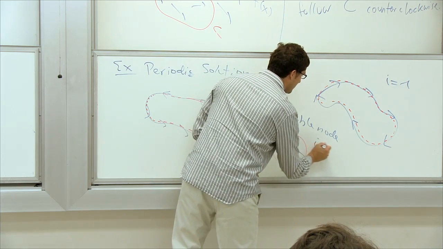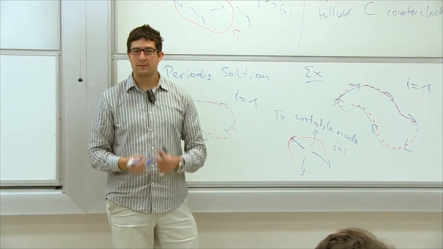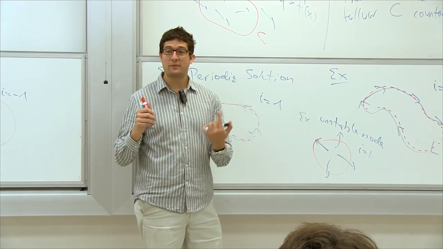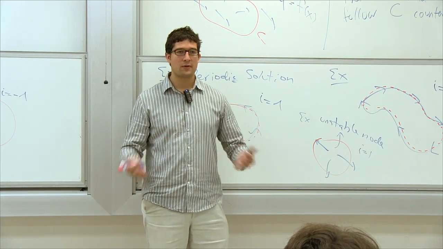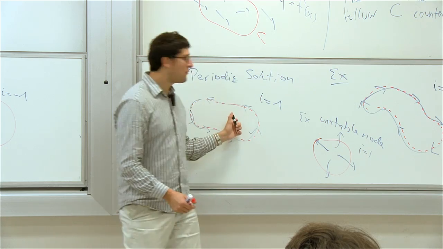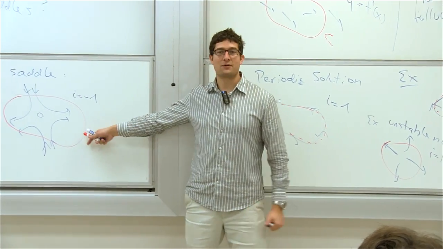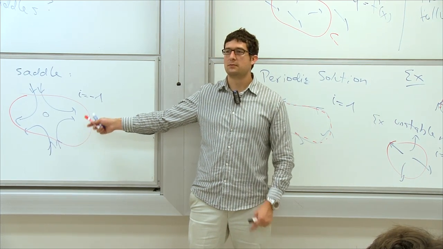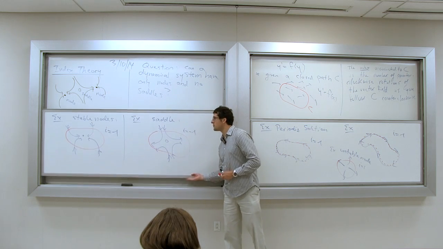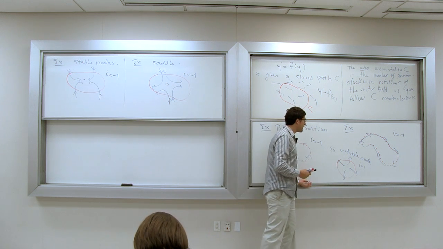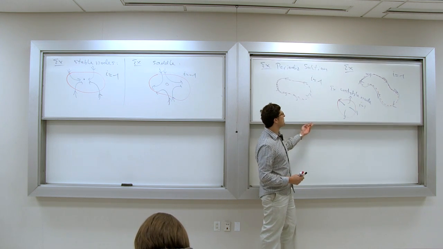Great. So we have 1 for unstable nodes, we have 1 for stable nodes, we have 1 for spiral in, spiral out, you can draw it, same thing. We have 1 for periodic solutions going either way. We only have -1 for saddles. Okay? All right, that's something we should remember. Everything seems to be 1 except for saddles that have value -1.